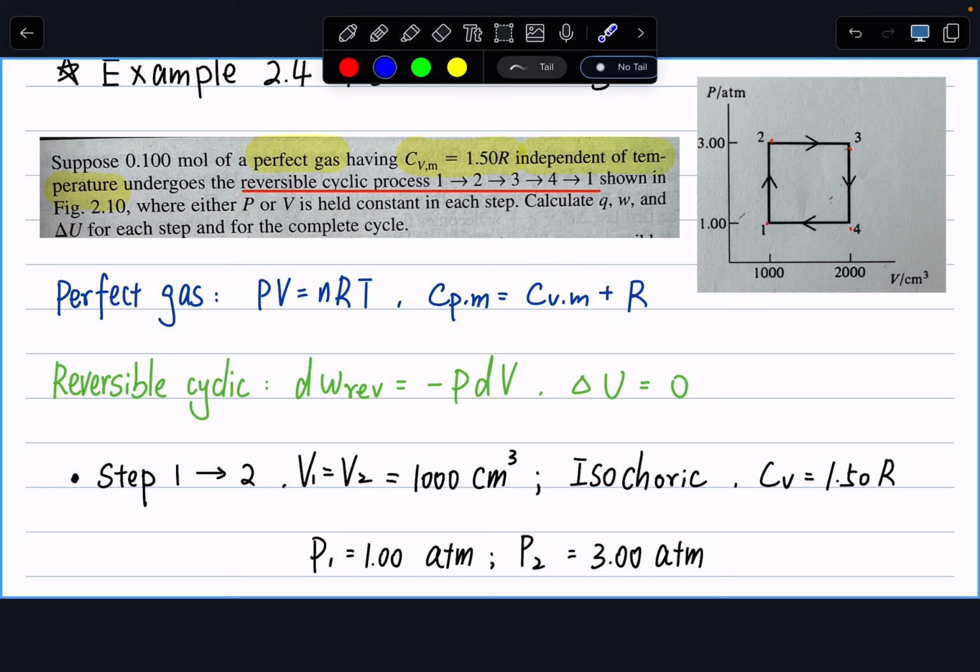So that's for a perfect gas. Reading the question, we know the process is a reversible, cyclic process. For a reversible PV work process, we can use dw equals negative P dV. And for a cyclic process, we have delta U equals 0.